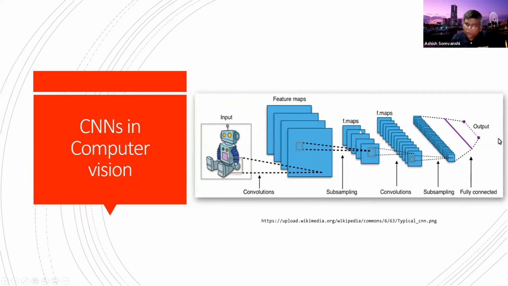Inside that grid there are many pixels, and these pixels are processed layer by layer through convolution. Via convolutions, another set of subsampling happens, and then they again get convoluted to form an output.